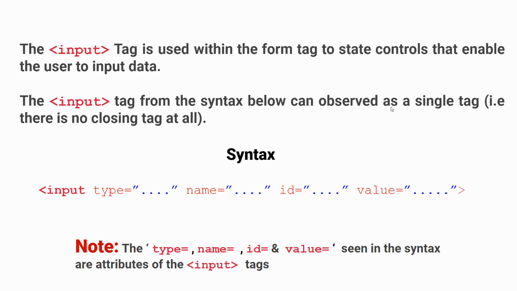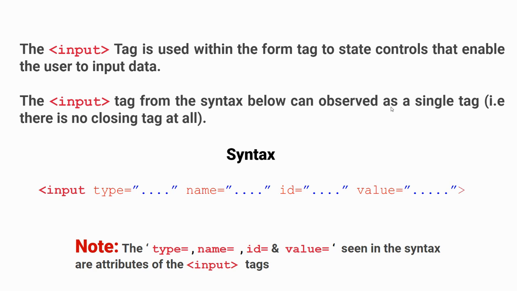keywords inside. Those keywords you see there, the type, the name, the ID, the value, are the attributes of this input tag. They are the things that give the tag more meaning. They describe what the input tag really is all about.